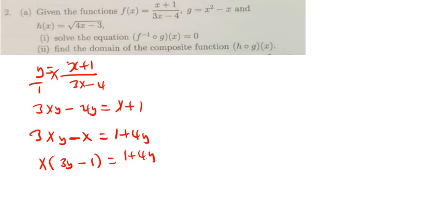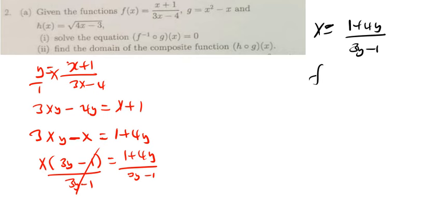Divide both sides by 3y minus 1. These two cancel out. My x is 1 plus 4y divided by 3y minus 1. Where there is y, put x. So f inverse is going to be 1 plus 4x divided by 3x minus 1.